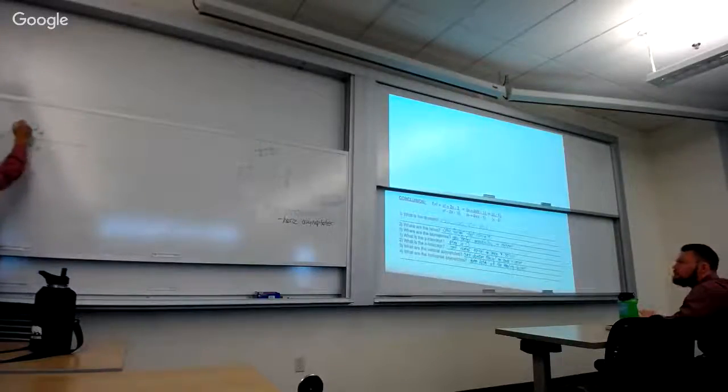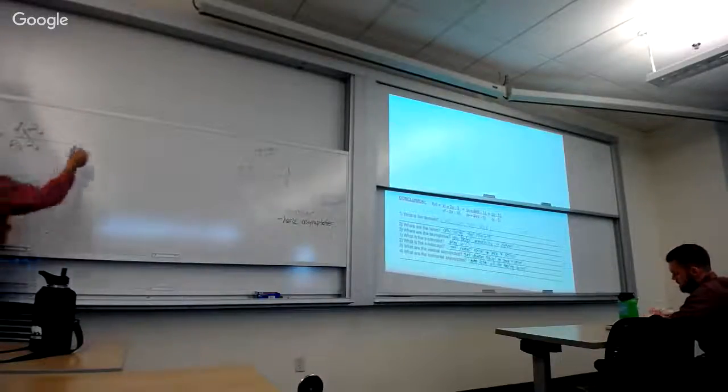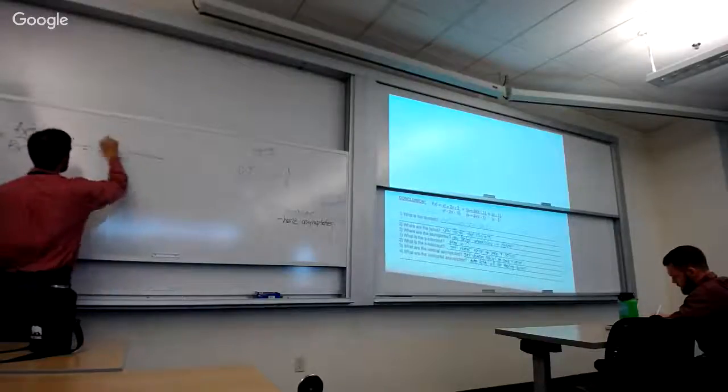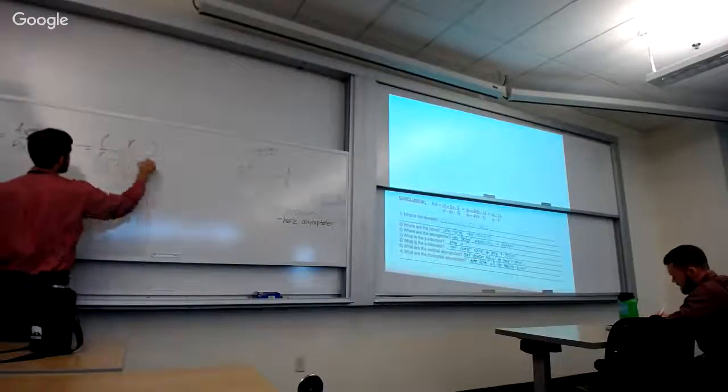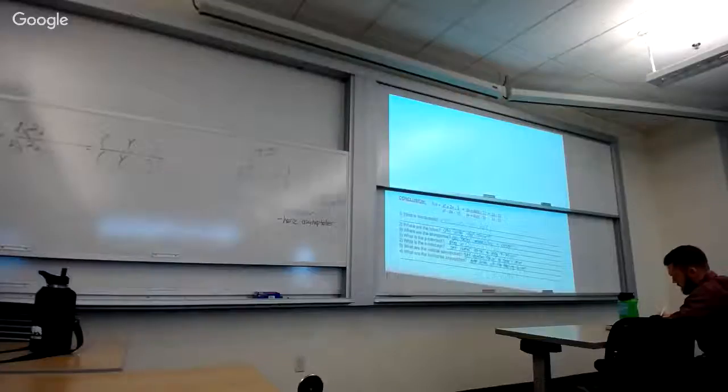They give us a polynomial over a polynomial, ax squared over bx squared. And then our first job is to factor it.